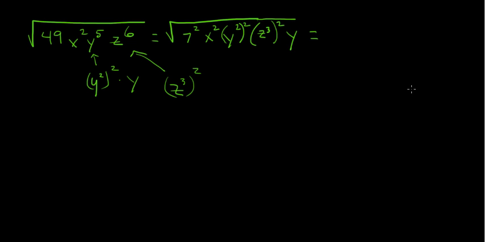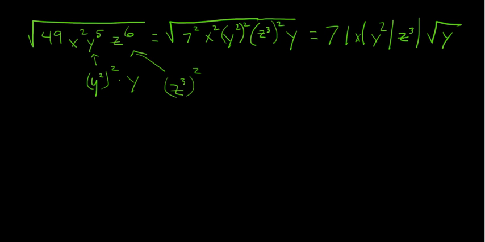Why would I do all this and mix it all up like that? Here's why. Watch. 7 times the absolute value of x times y squared, and I'll talk about that in a minute, times the absolute value of z to the third, times the square root of y.